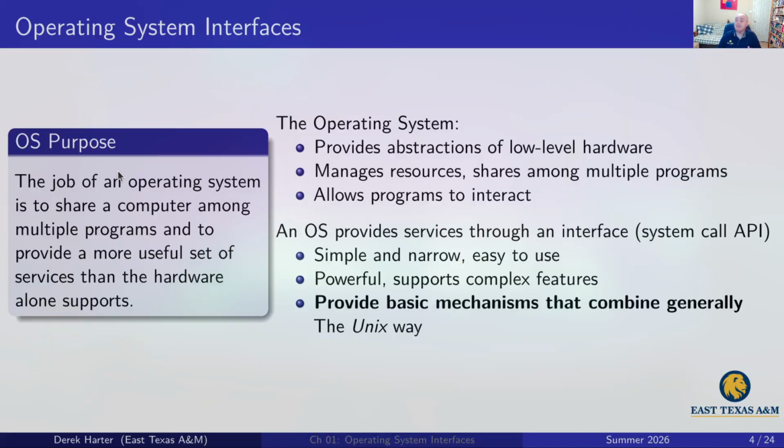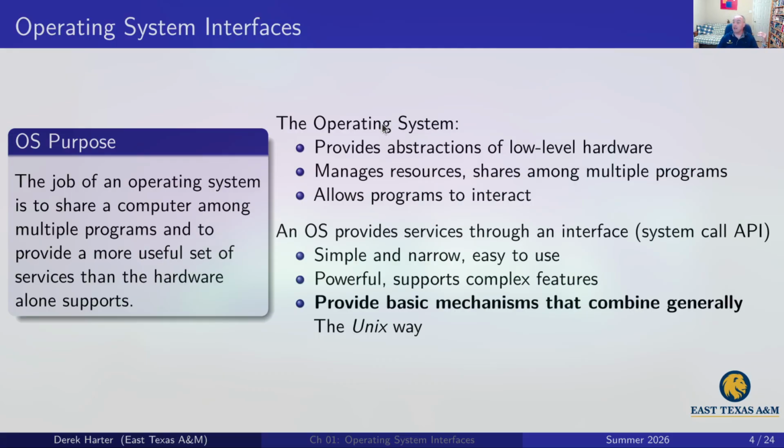To begin with, the purpose of an operating system, its job, is to share a computer among multiple programs, and it provides a more useful set of services than the hardware alone supports. The operating system sits at a level between the hardware and user programs or user applications. Working directly with the hardware, there are lots of details and it's very difficult.